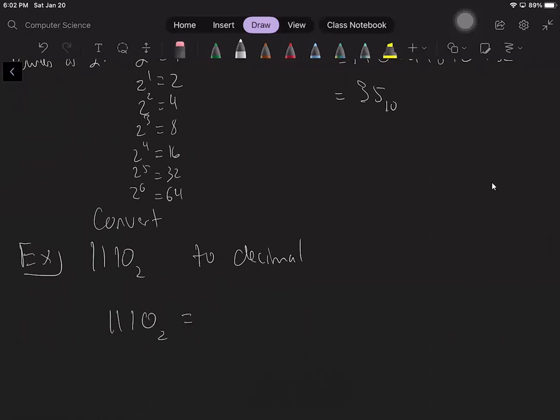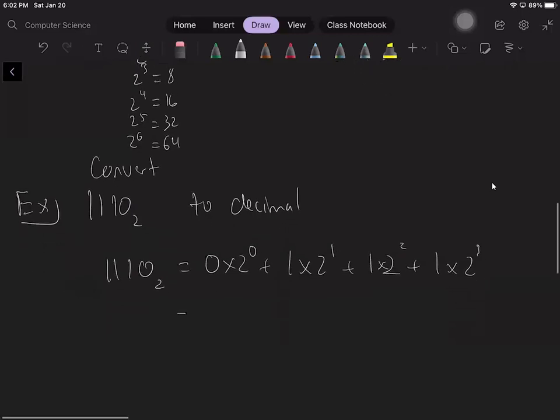Reading from right to left, there's 0 2 to the 0s. There's 1 2 to the 1. There's 1 2 to the 2. And there's 1 2 to the 3rd. So there's 0 ones, but there's a 2, a 4, and an 8 added together, for a total of 14. So that would be 14 in base 10.